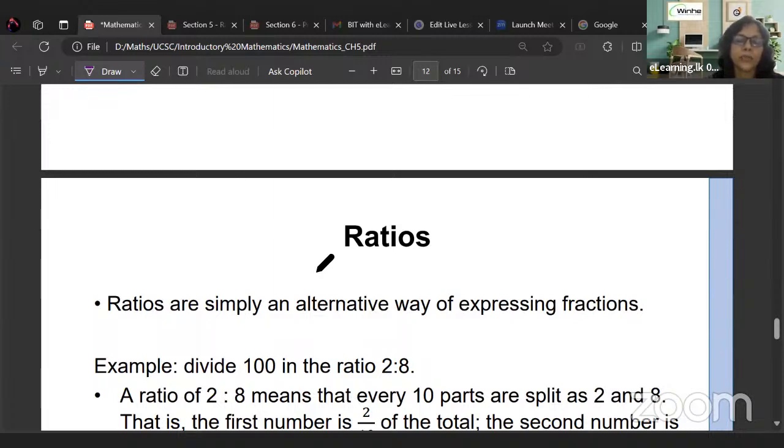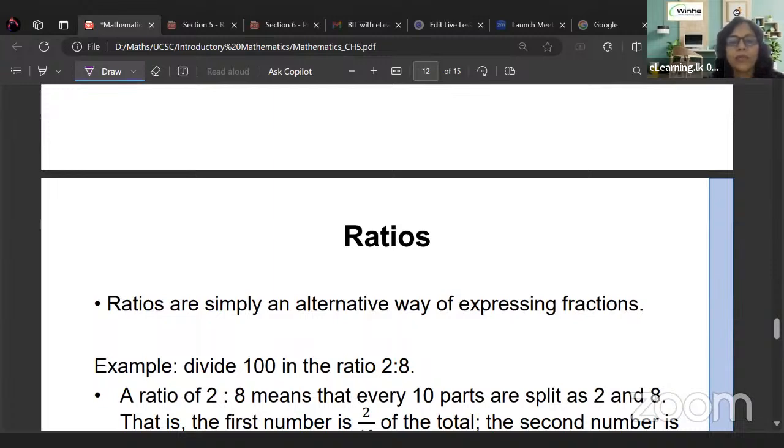Dividing the whole into the 2 to 8 ratio means that if we divide the whole thing into 10 parts, 2 goes to one and 8 goes to the other.